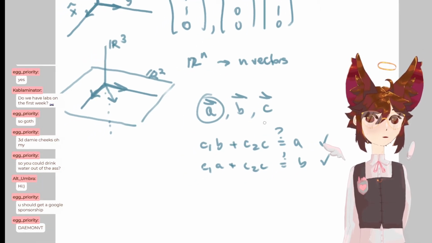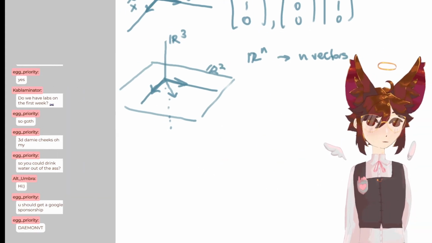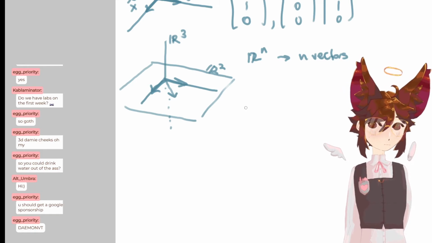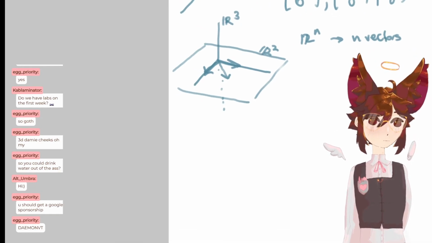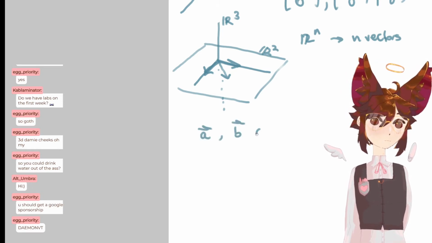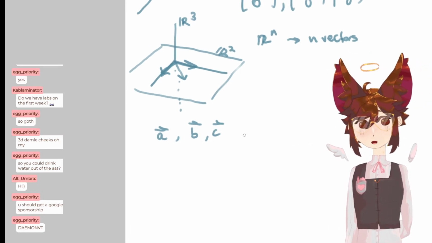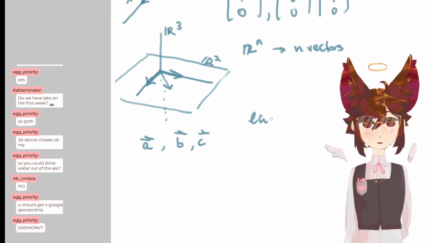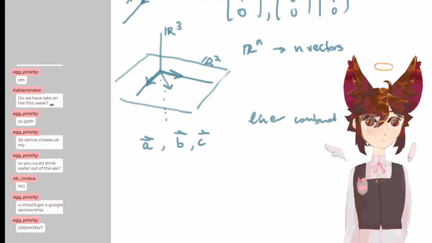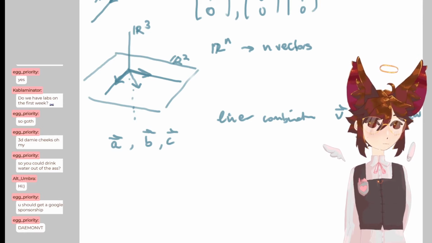One of the ways we can do this is by using a matrix, and that nicely transitions into our next topic. So let's set this up first. Let's say there's a vector A, a vector B, and a vector C. We want to figure out if these are what we call linearly independent. We had linear combinations, which was asking if a certain vector V equals some constant times a vector U plus some constant times a vector W, right?